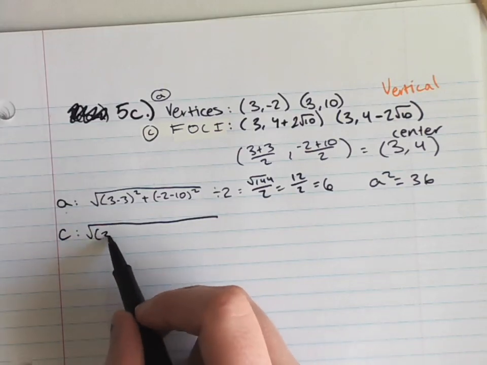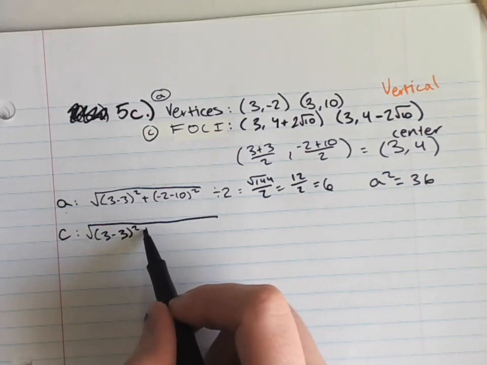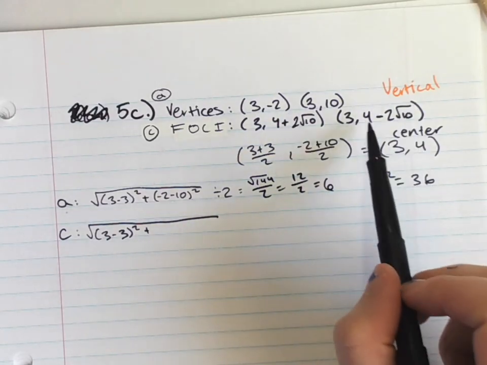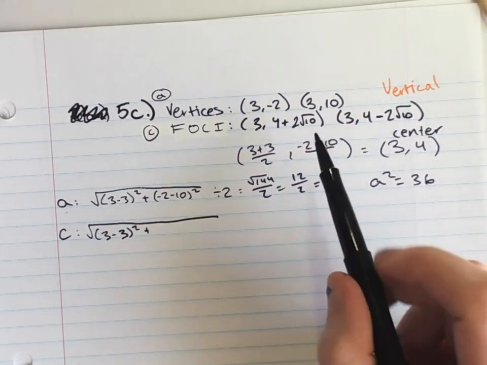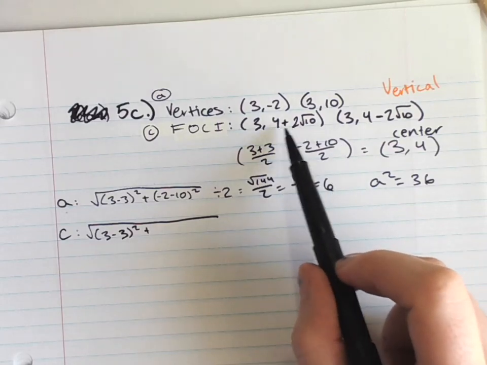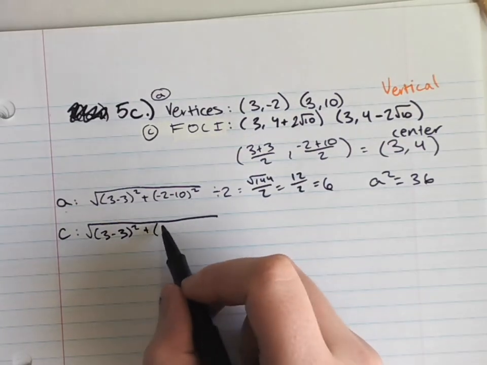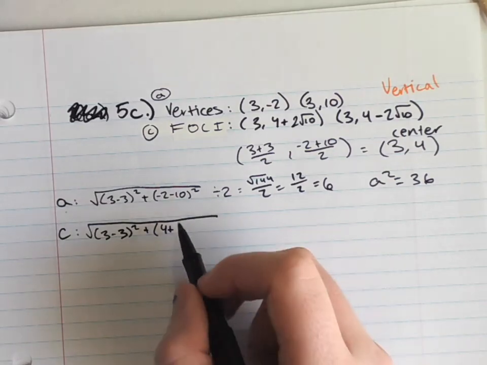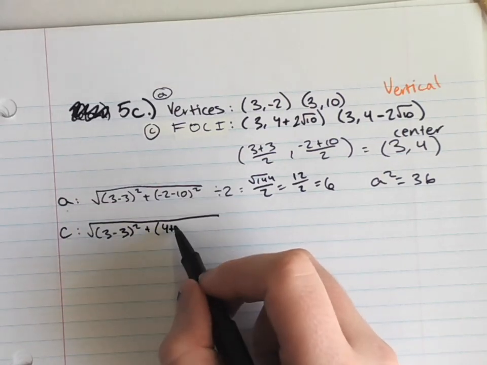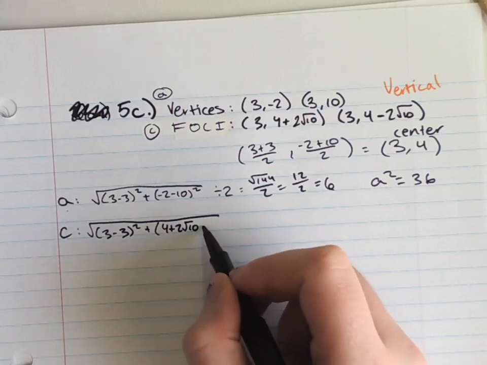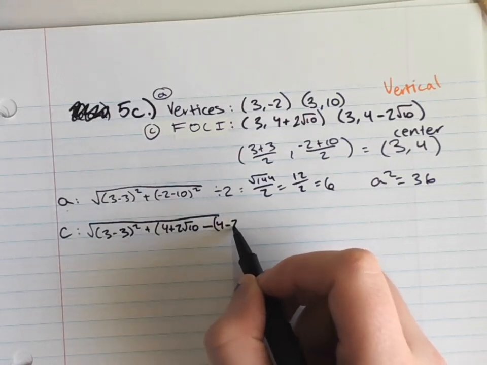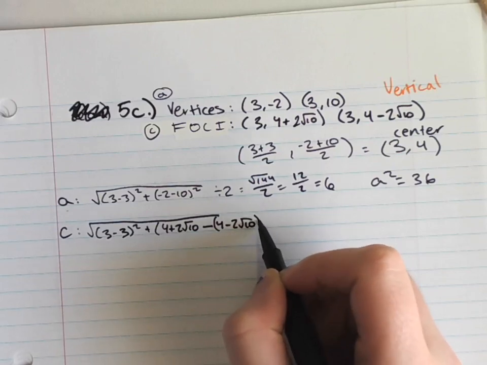which would be 3 take away 3 again, plus this statement, take away that. So this is going to be 4, I'll just write it all out, 4 plus 2 square root of 10 minus 4 minus 2 square root of 10.